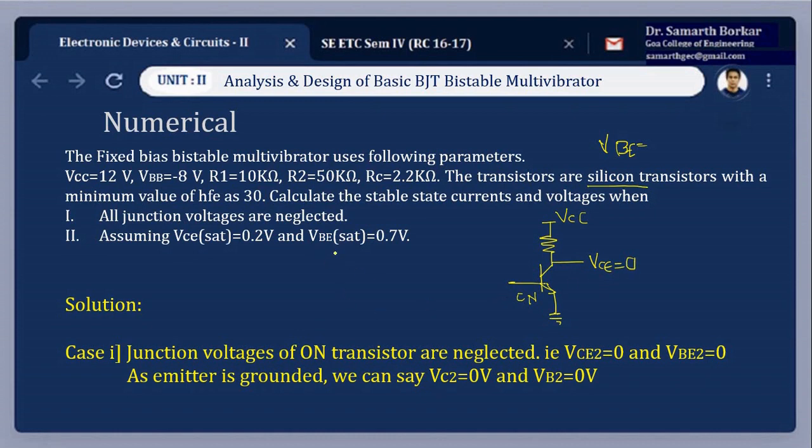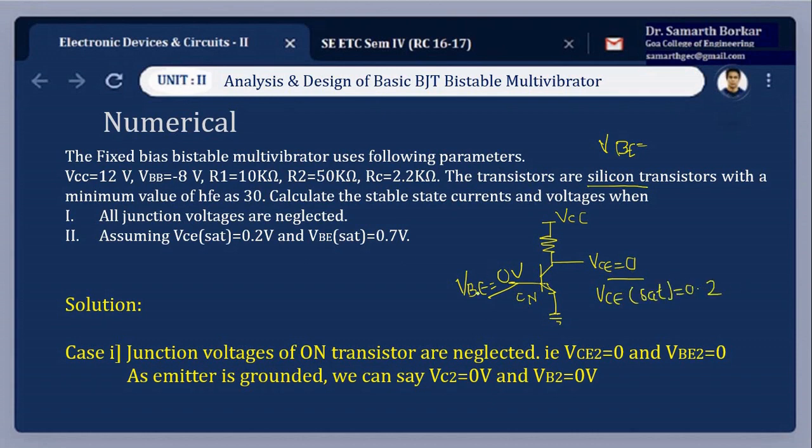And next VB set equals 0.7 volt. These are the typical practical values. Ideally we assume that the transistor is on for a value VBE equals 0 volt. So these are the conditions when the junction voltages are neglected. Otherwise, practically this value has to be 0.7 and this value has to be 0.2.